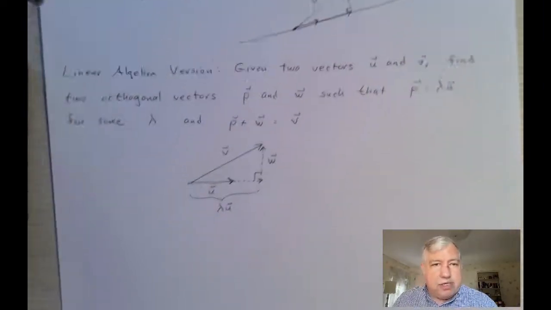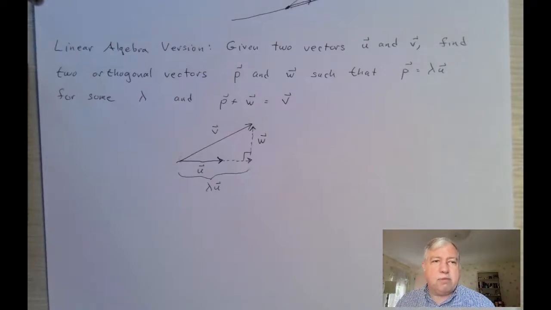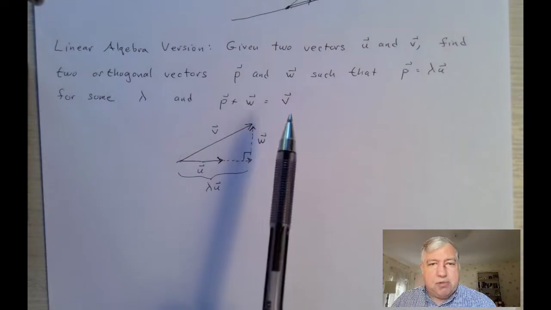So we can restate this again, giving a linear algebra version. Given two vectors u and v, find two orthogonal vectors p and w, such that p is equal to lambda u for some real number lambda, and p plus w is equal to v.